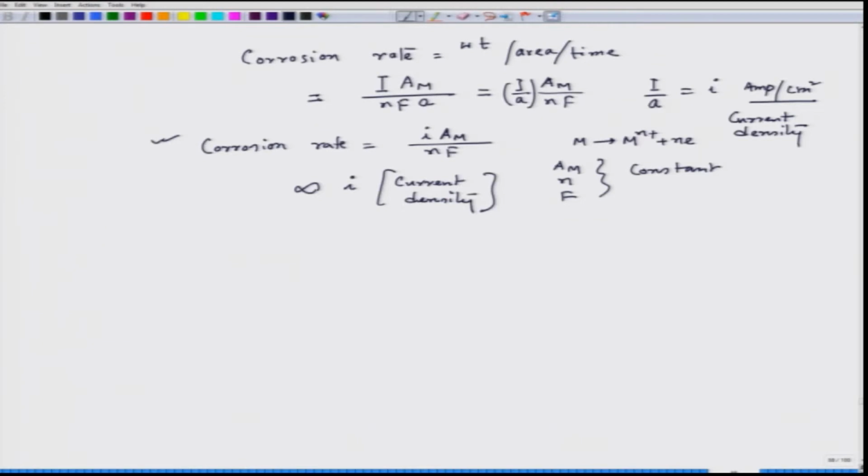Now, once we get this idea, we can see that it is basically in the form of weight loss per unit area per unit time. We have seen that in those cases where the dissolution pattern is localized, we have to use a different way of expressing corrosion rate, which is nothing but the penetration depth divided by time.